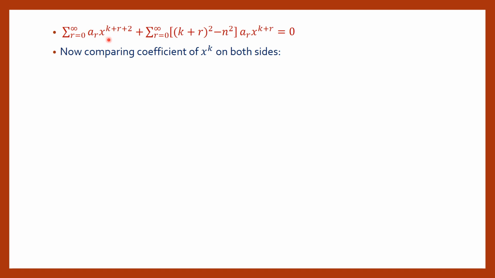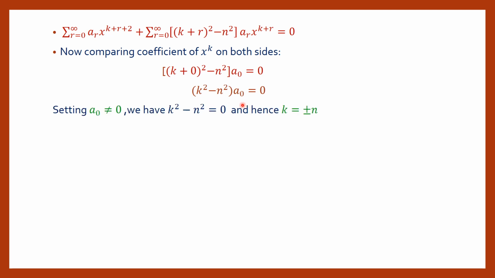So put r equal to 0 and equate the coefficients. We get k plus 0 whole square, because to get x power k we have to put r equal to 0, so k plus 0 whole square minus n square into a0 equal to 0. Simplify: k square minus n square times a0 is 0.